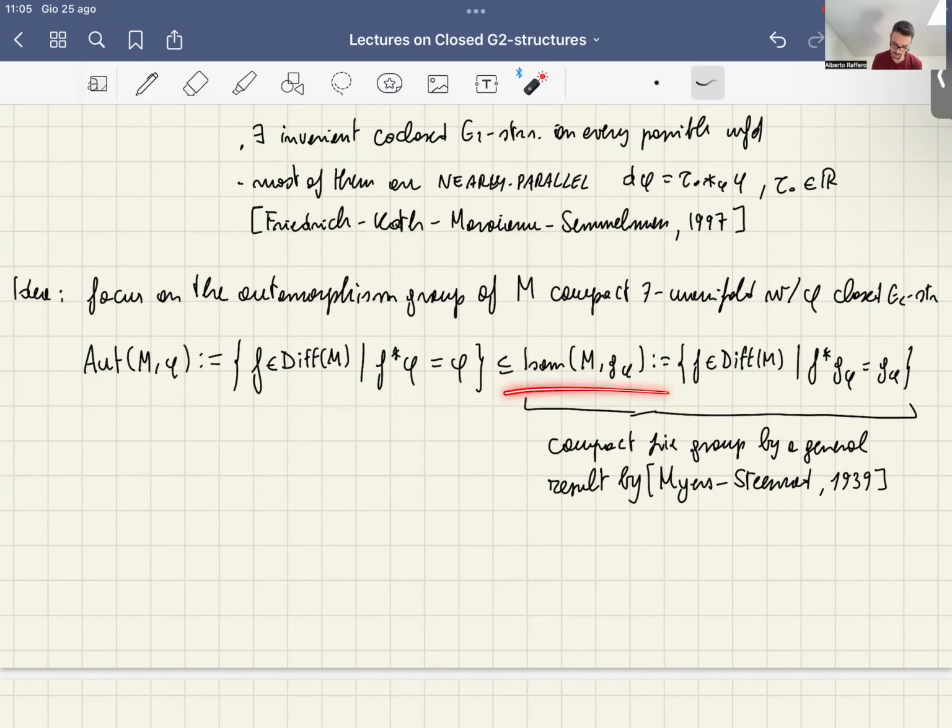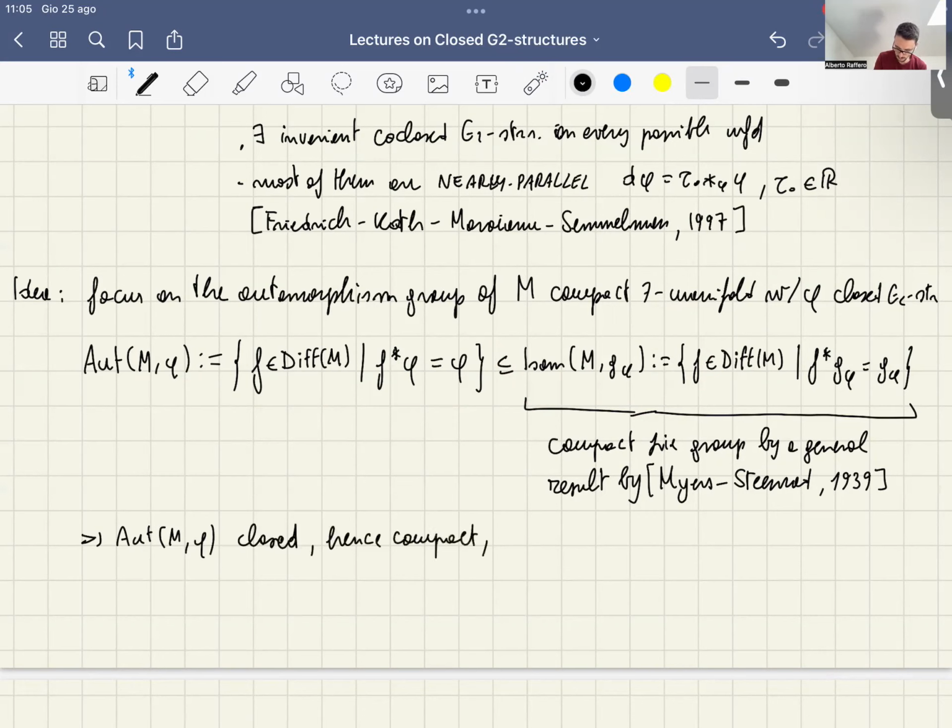So this is a compact Lie group, and the automorphism group of the manifold with the G2 structure φ is a closed subgroup. In particular, the automorphism group of a compact manifold with a closed G2 structure is a closed, and hence compact, Lie subgroup of the isometry group of the compact manifold with the Riemannian metric gφ.